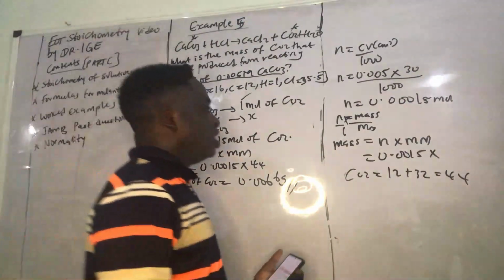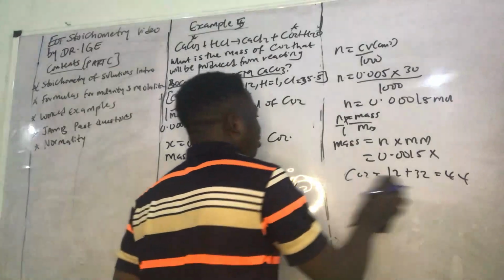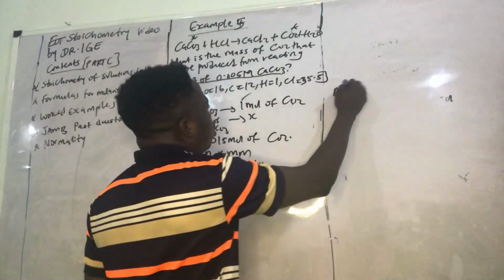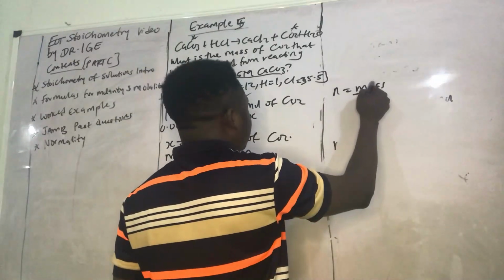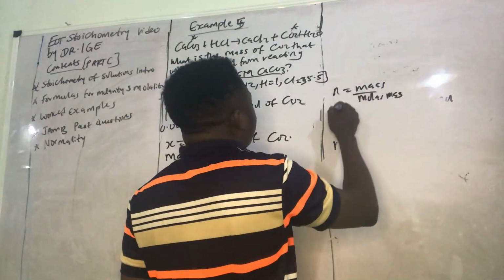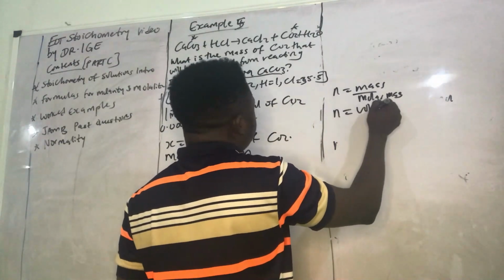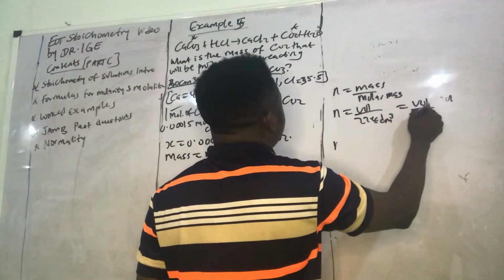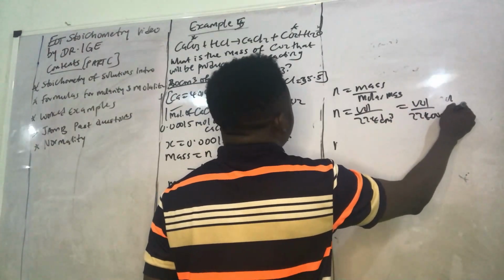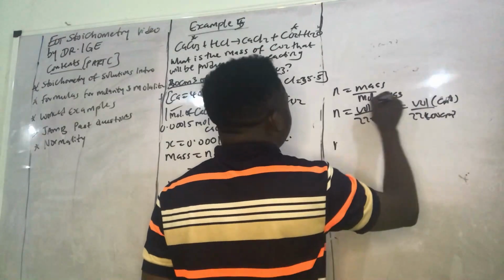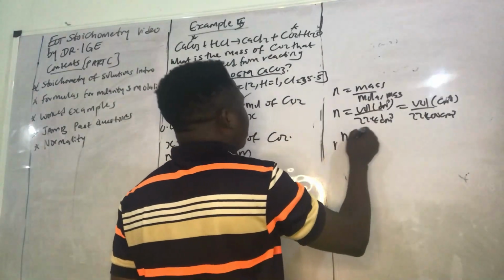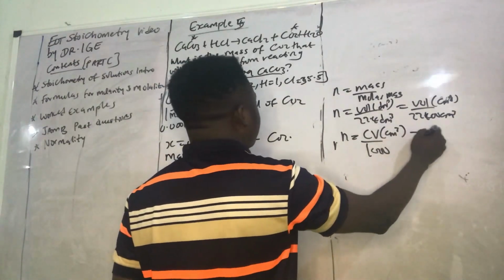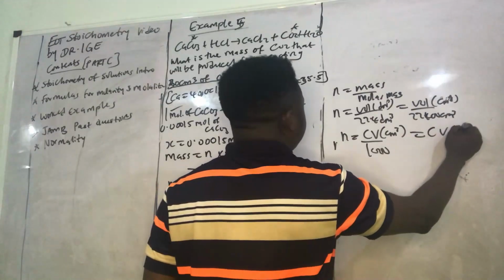If you just remember what we did. If you don't get this stuff, you should go and watch the first video, Part A, where we talk about mole concepts. Number of moles equals mass over molar mass. Number of moles equals volume given over 24 dm3, or volume given over 24000 cm3. Also, number of moles equals CV over 1000, or CV if the volume is in dm3.